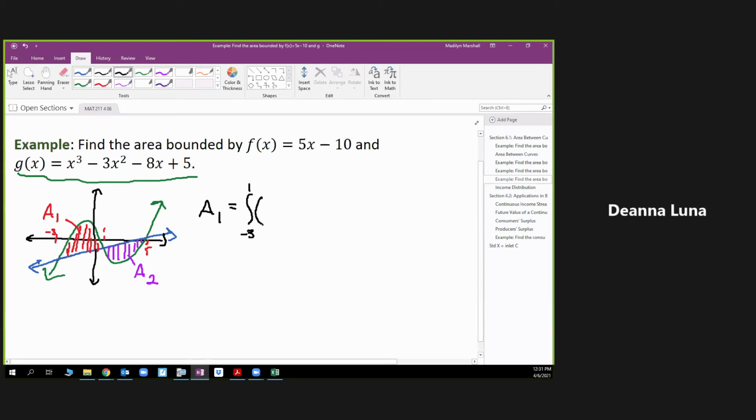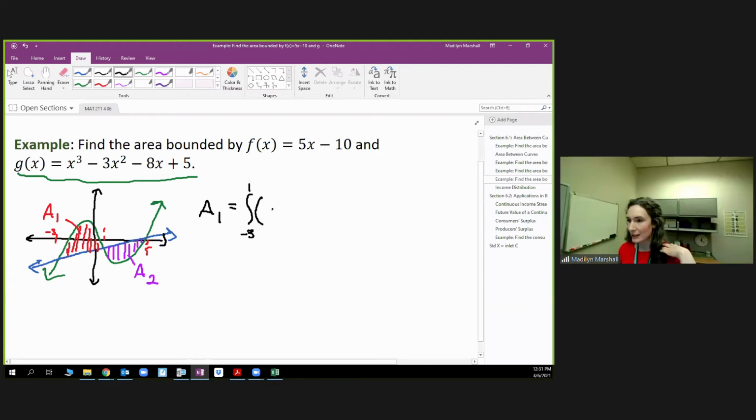Gx. Exactly, g of x. And that's that whole x cubed minus 3x squared minus 8x plus 5. And that's because g is the top function for that piece of area. G is on top. And then we would subtract the f.